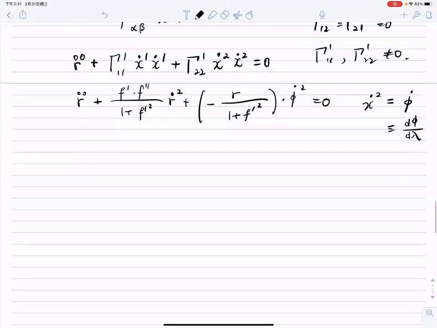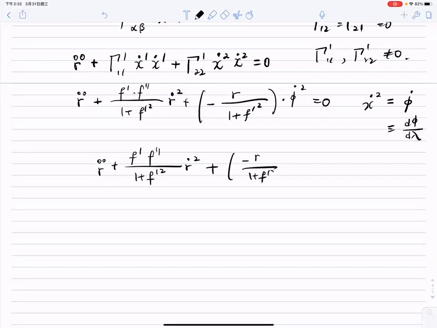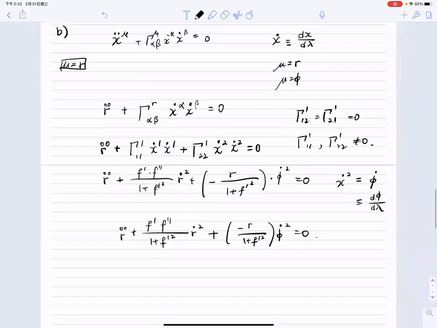By simplifying all this, you can get the geodesic equation of r, which is the equation of motion of r in this problem under this coordinate plane.